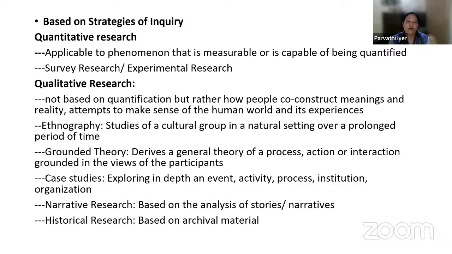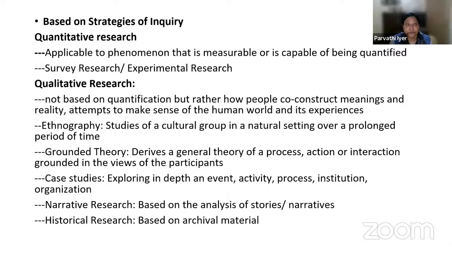And there is this dialogue between objectivity and subjectivity in the context of social research, in the sense that when social scientists talk about the world, they talk about shared meanings. For instance, how do we communicate with each other?